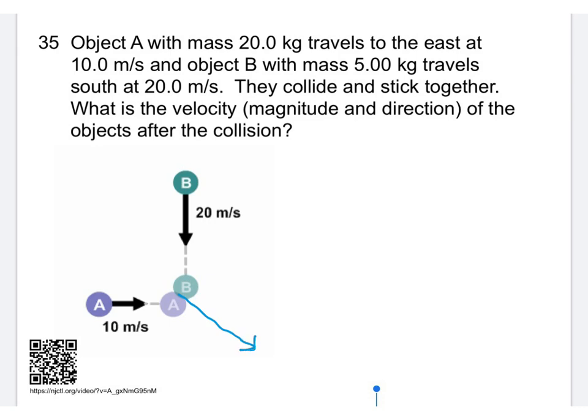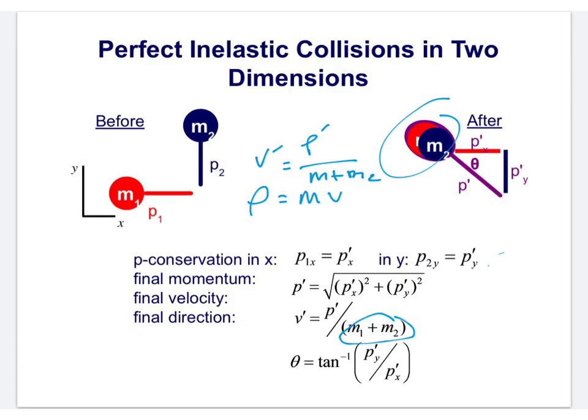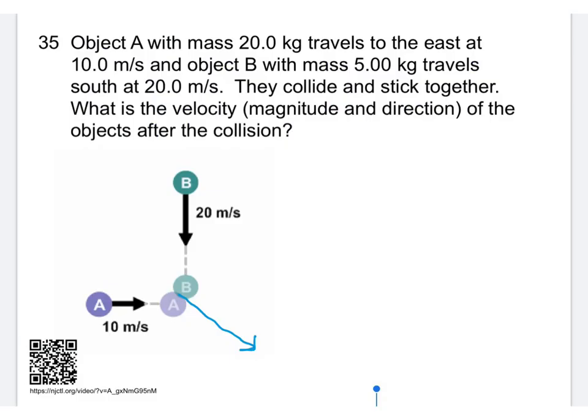All right, so if we're looking at here, we know initial momentum in x is the same as final momentum in x, and in y, the same thing has to happen. They've got to maintain their velocities, and they've got to maintain their momentum. So let's try.